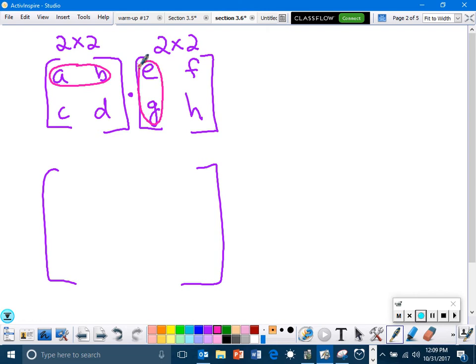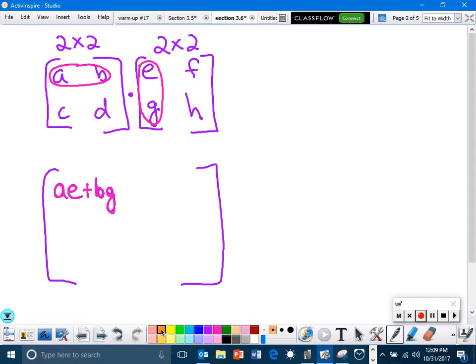And what we do there is we take the A, let me just use purple here. So we're going to take the A times the E plus the B times the G. Actually, I'll put that in pink so I can keep it color-coded. A times the E plus the B times the G. Okay, look at how I did that. The A to the E plus the B to the G.